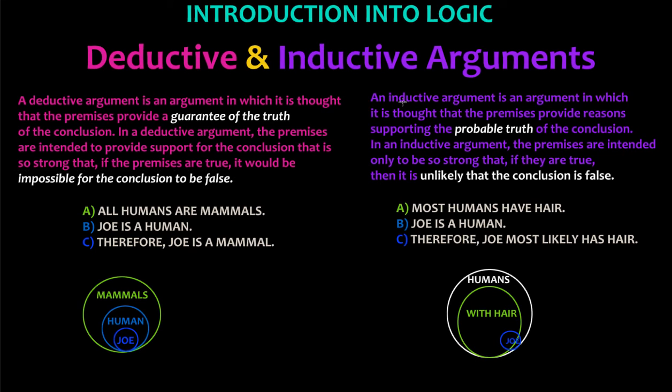Here in an inductive argument, if the premises are true, then it is simply unlikely that the conclusion is false. Let's look at a hypothetical argument with its visualization down below to more fully appreciate the difference between deductive and inductive arguments.